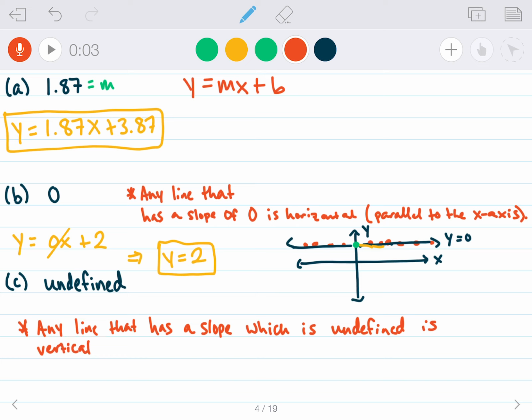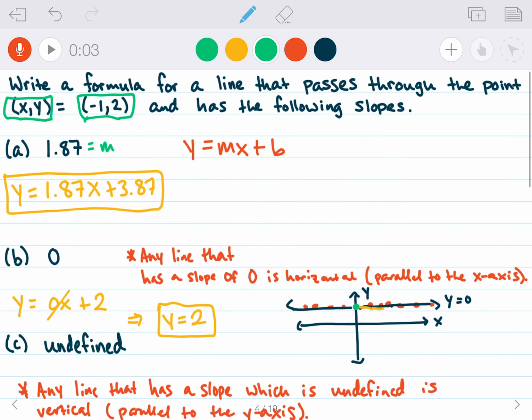What this means is it's parallel to the y-axis. That's what that means.